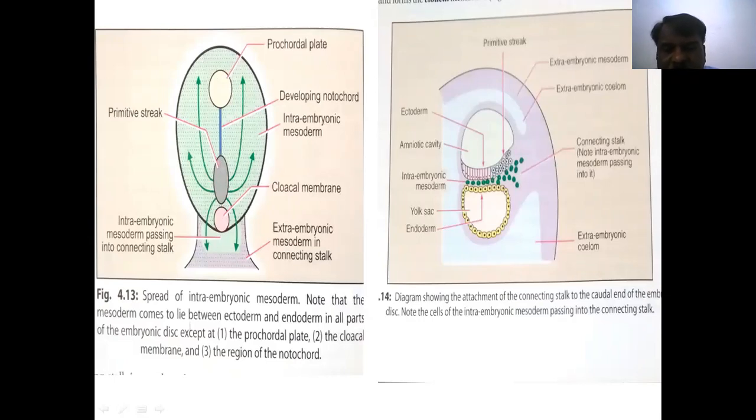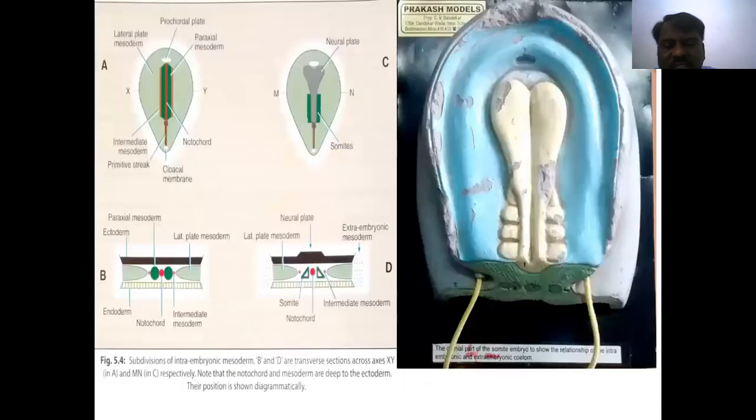Also important, next to the primitive streak, the fertilization. Next is oogenesis and spermatogenesis. These are expected as short notes. Next is the somites model, which we'll discuss tomorrow.